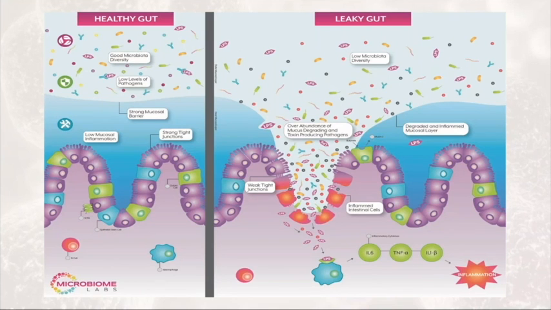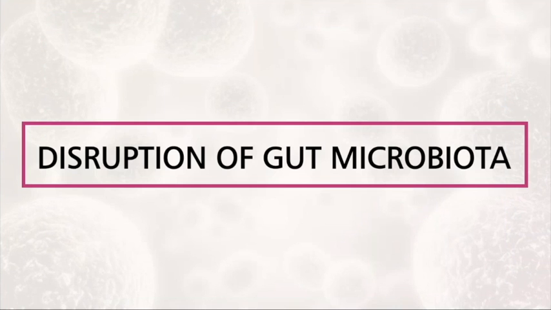You can see very easily that there's totally a difference between the two. And we want to stay towards the left pane where we're having a healthy gut, which is in homeostasis. And so we'll talk about how to do that as we go along in the rest of the presentation. We'll start by talking about disruption of the gut microbiome.